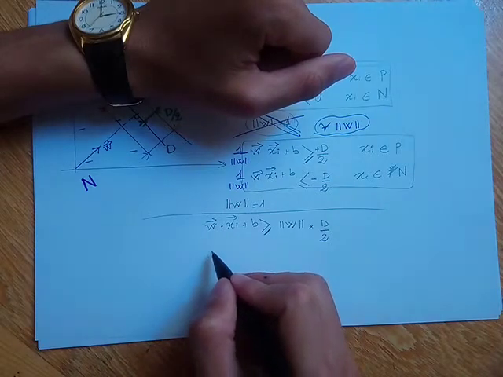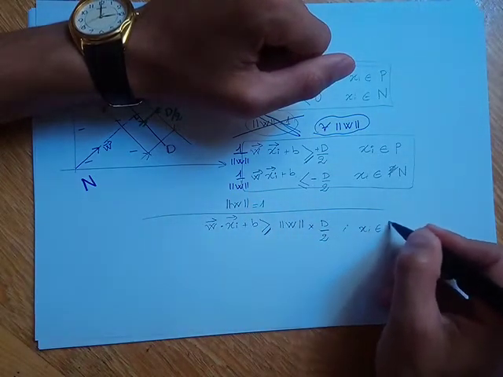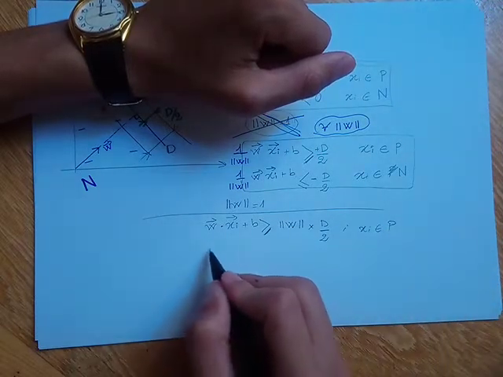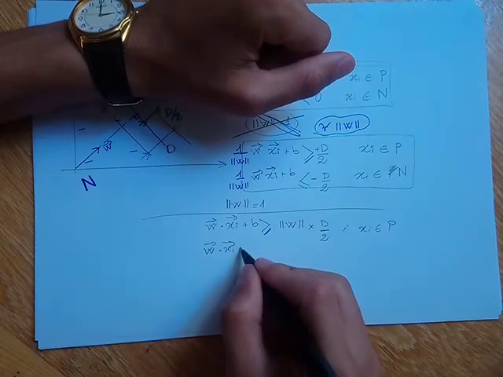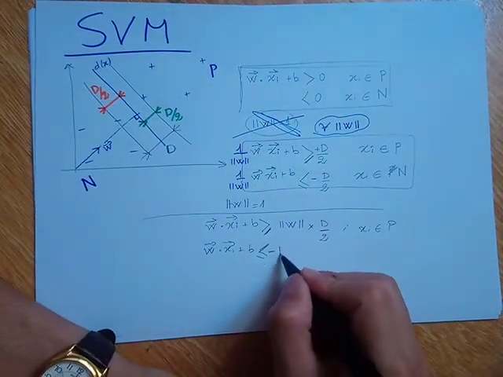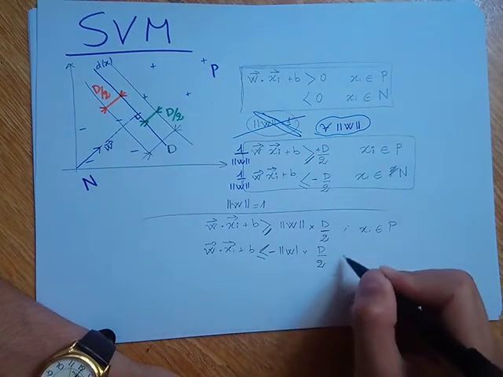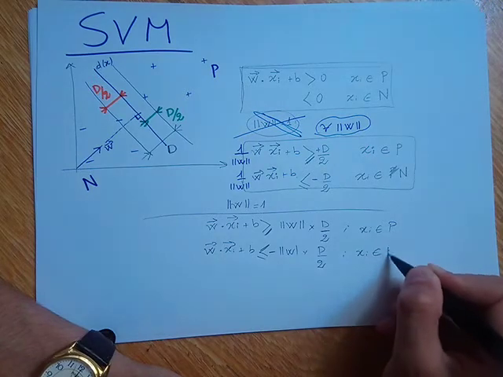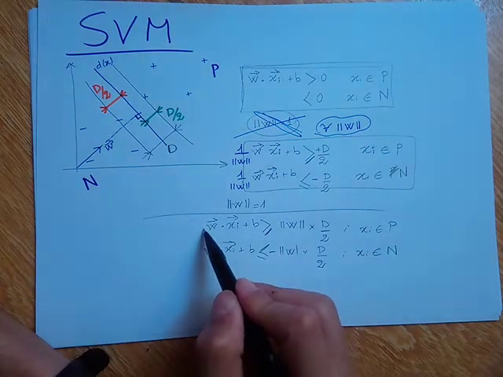Similarly here, for the second, in this case, xi belongs to the positive class. Otherwise, if this decision rule is smaller or equal than minus W multiplied by d by 2, in that case xi belongs to the negative class. So this was my original decision rule.